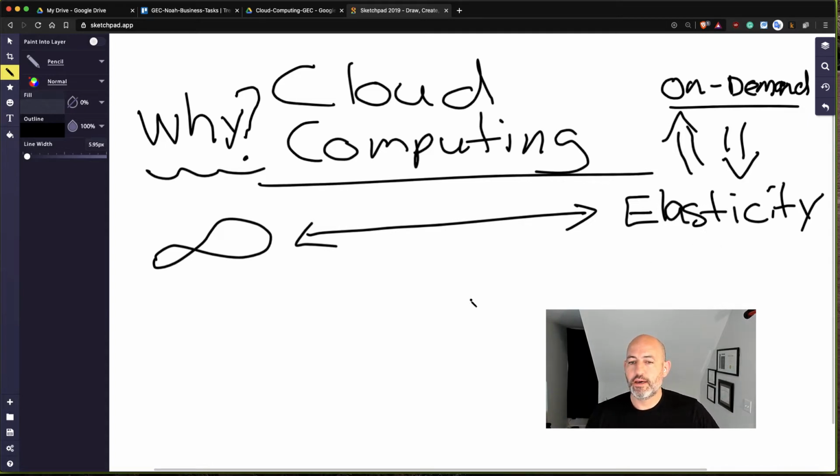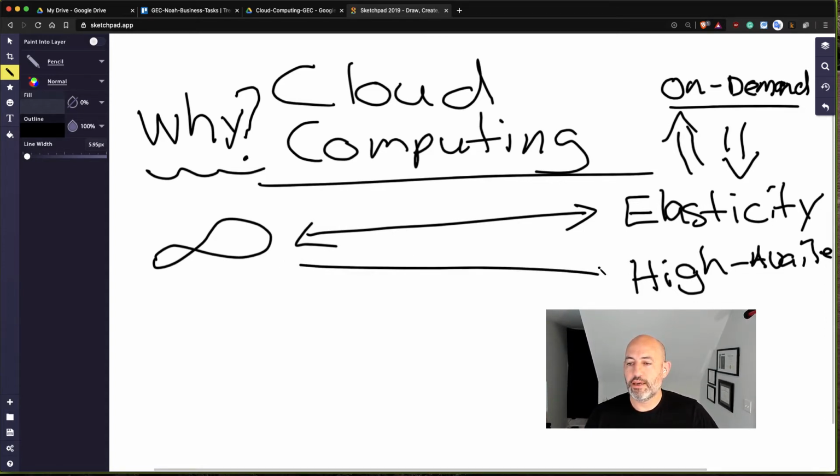Another one that it addresses is the concept of high availability. We'll just call it high avail. High availability is also weakly tied to this concept of infinity. What that means is that you have a service that is available when you make a request.